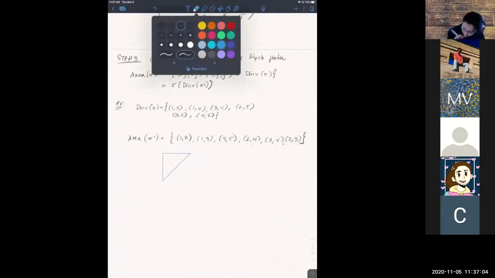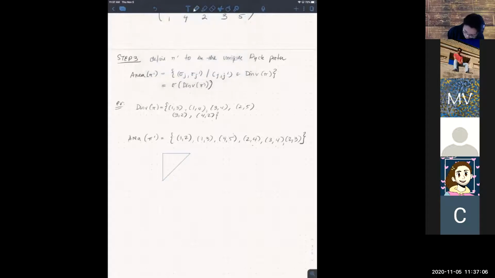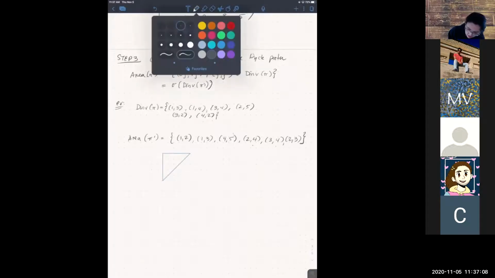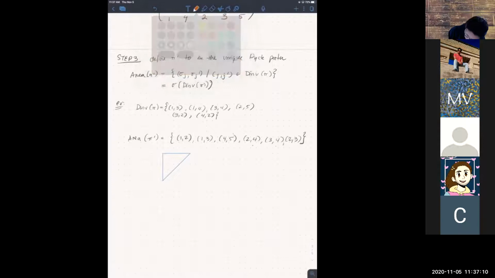Okay. So we need box 1, 2 to be in the area. So I'm just going to write this in orange. So box 1, 2 is this one. And then we need box 1, 3, which, wait, it's backwards. So 1, 2 is this box, sorry. 1 and 2. 1, 3 is this box. Box 2, 3 is this one.